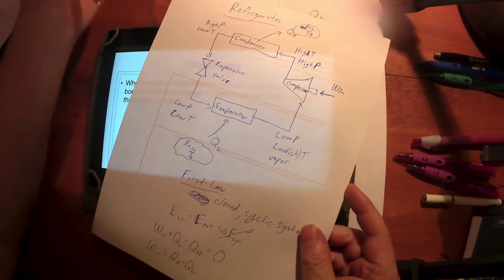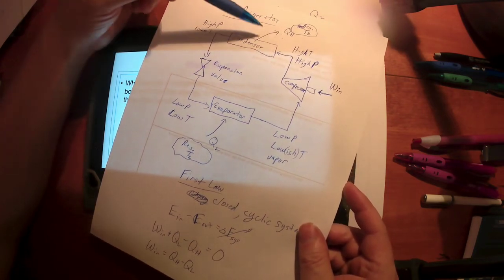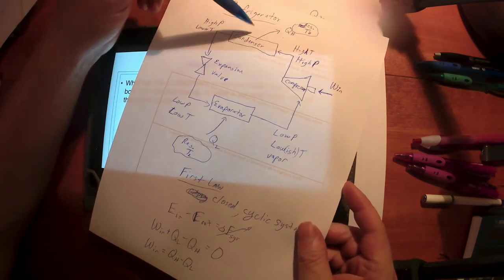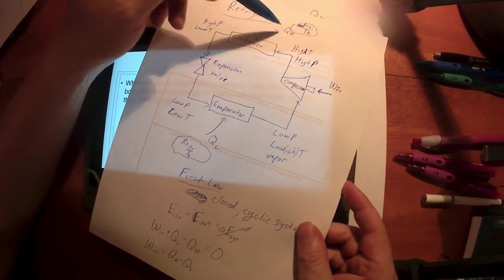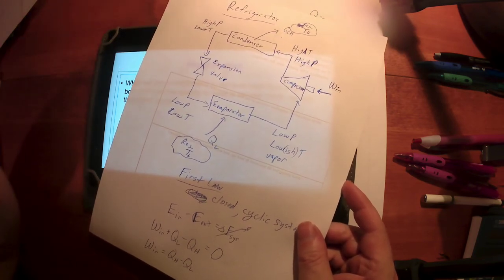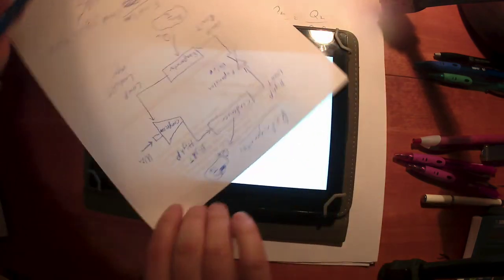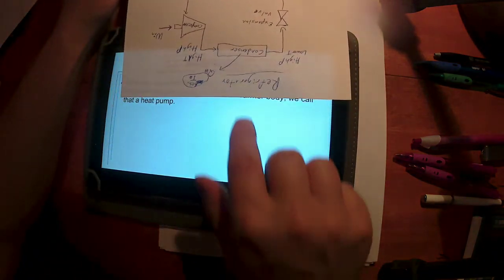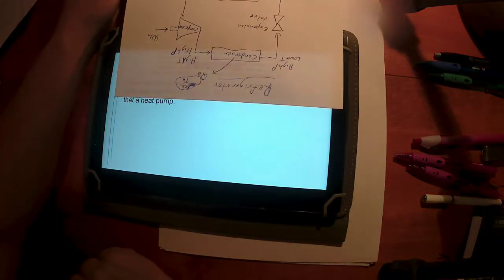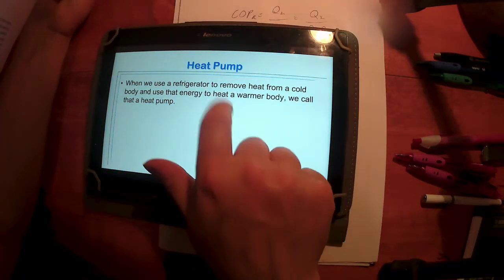So the outside part of your refrigerator, your air conditioner, you walk by that, you feel the heat coming off. Or if you feel behind your refrigerator or your freezer in your kitchen when it's running, you feel the heat coming off. That's QH. Somebody said, hey, what if we spun this thing around? And I use this to heat my house by cooling the outside air. That's a heat pump.